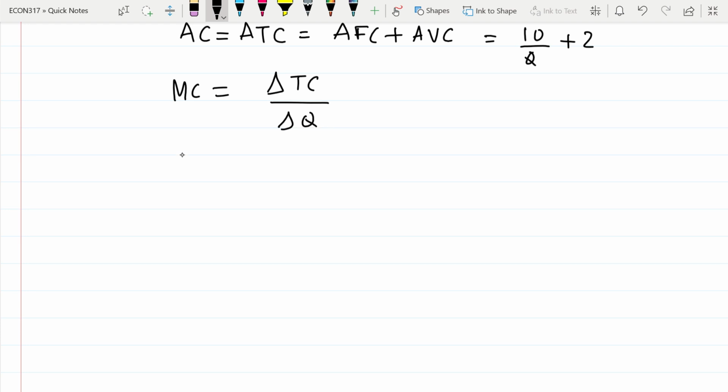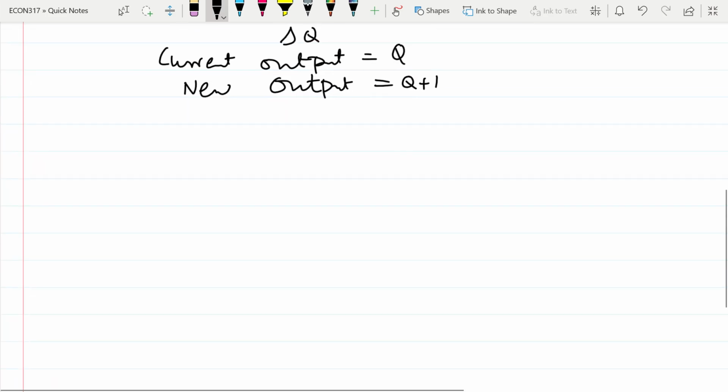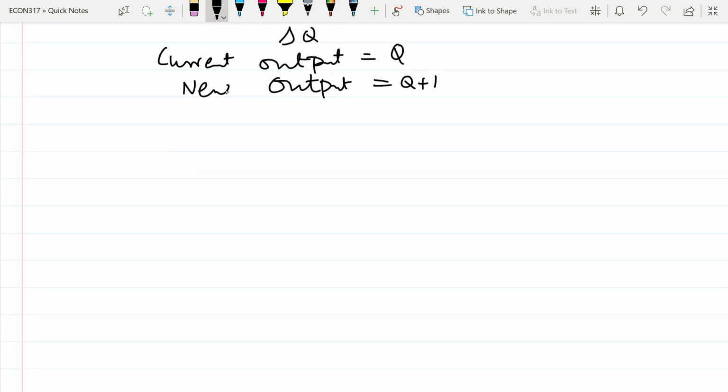Let's assume the current output to be given by Q, and we change it by 1 unit. The new output is Q plus 1. So I am just increasing the total output by 1 unit.